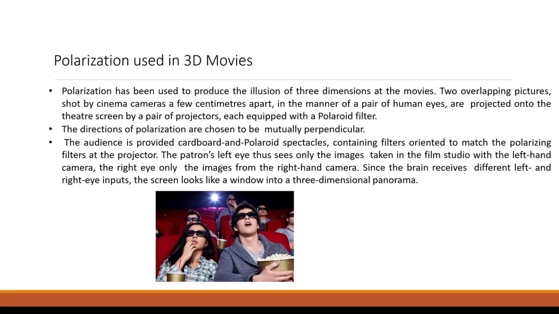And the last very useful and popular application is in 3D movies. Polarization has been used to produce the illusion of 3 dimensions at the movies. It does this by overlapping 2 pictures shot by cinema cameras a few centimeters apart, in the manner of how human eyes would work. And then they're projected onto the screen with a pair of projectors, and we are each equipped with a Polaroid filter.